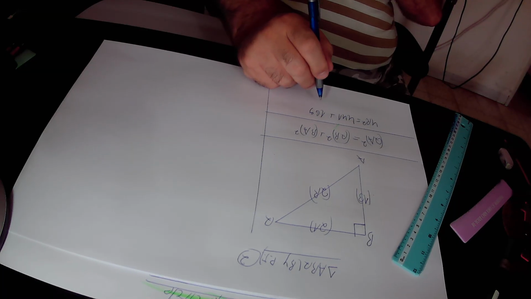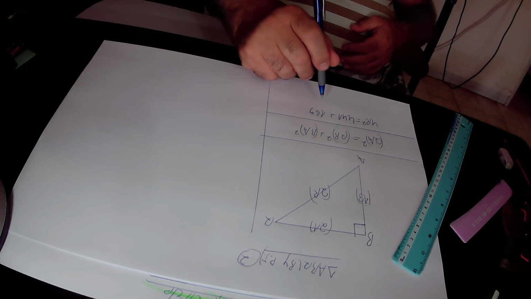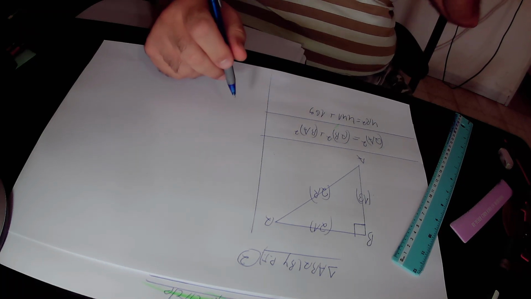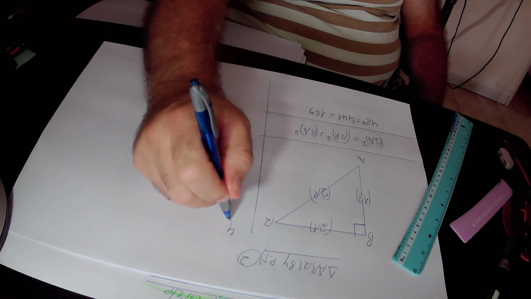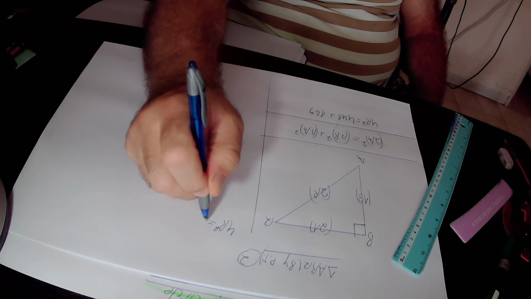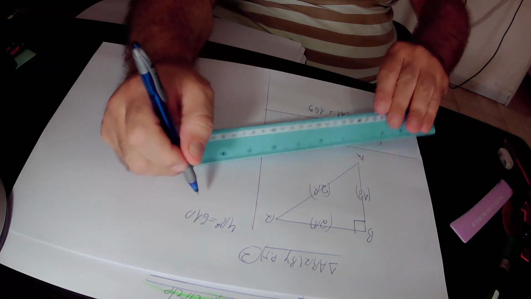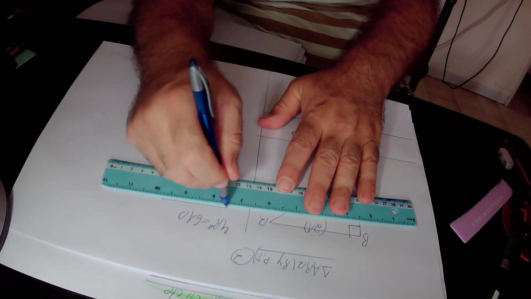So in total we found that 4r squared equals 441 plus 169. 441 plus 169 is equal to 610. In conclusion, we found that 4r squared equals 610.